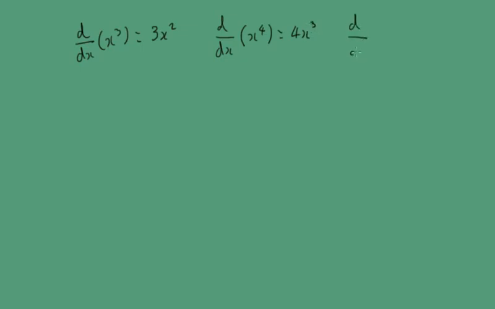And d by dx of x to the power 5 would be 5x to the power 4. So we can see this gives us a general rule. d by dx of x to the power n, the derivative is n x to the n minus 1, for any real power of n.